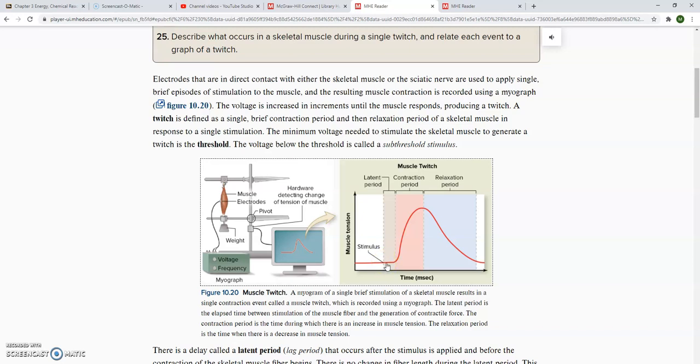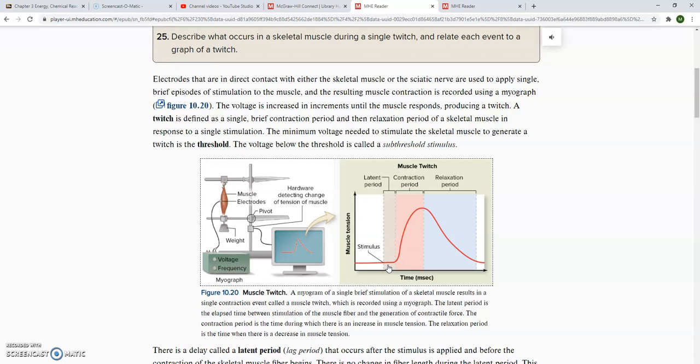Realize there'll be a period where nothing really happens, where muscle tension doesn't change. They call this the latent period, because after we stimulate that muscle cell, it takes a little time for the action potential to travel along the sarcolemma and down the T-tubules, and it takes a little time for the calcium channels to open and the calcium to flow out into the sarcoplasm.